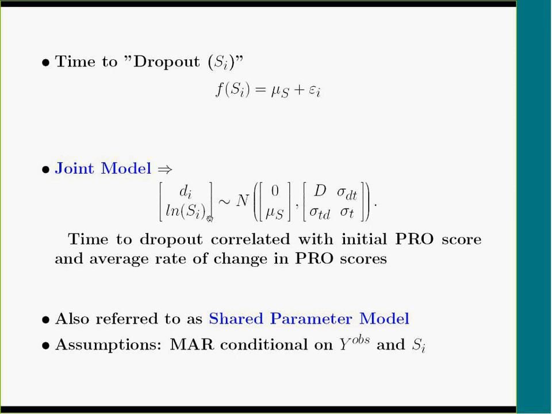These models are also referred to as shared parameter models, because of the shared parameters. So basically the solution is now we've converted it to missing at random, conditional on the observed data and this survival or dropout time.